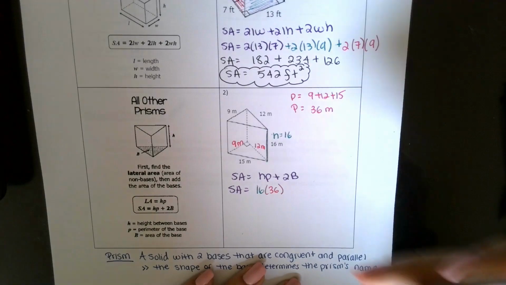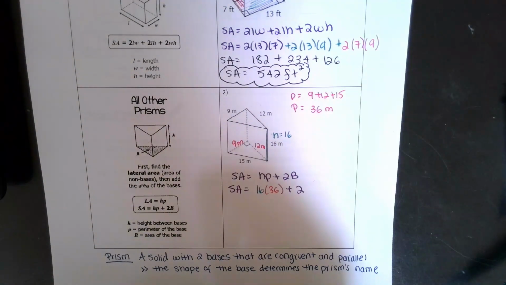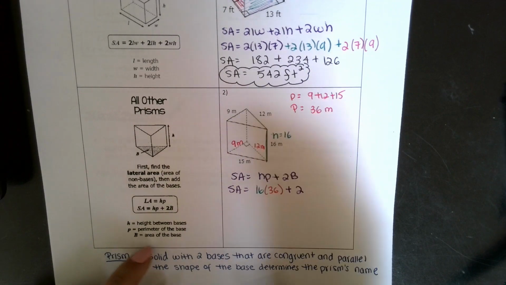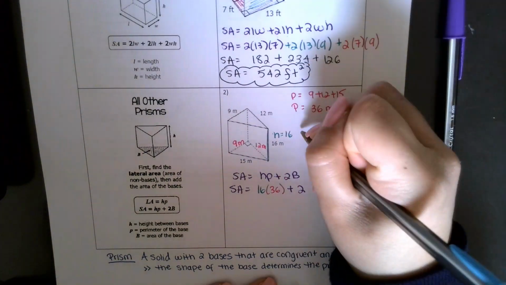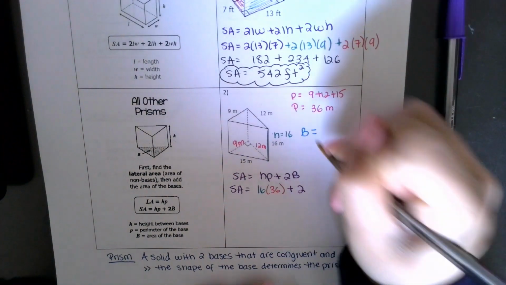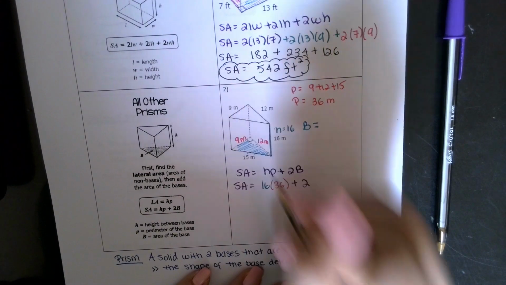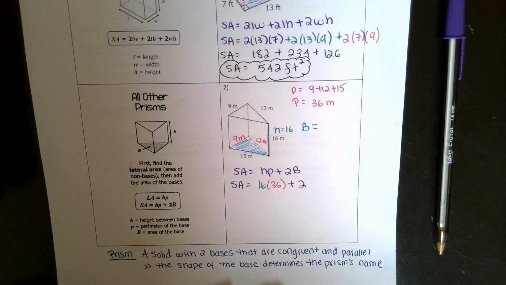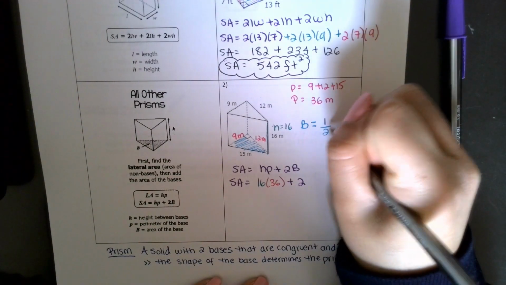And now we have to multiply 2 times the B, which is the area of the base. So we want to find the area of the base. Well, how do we find the area of this base? The shape is a triangle, so I need the area of a triangle, which is half times your base times height.